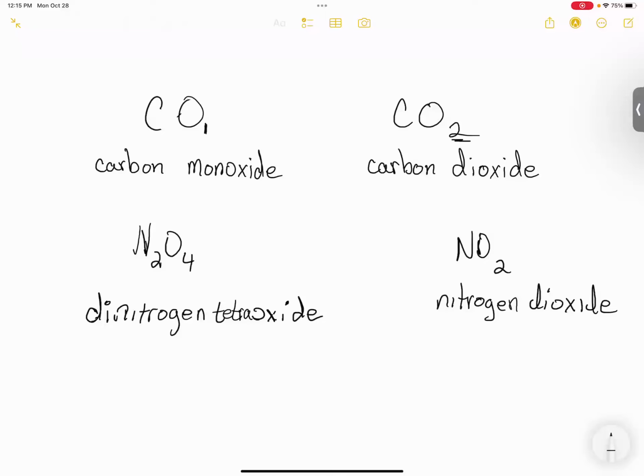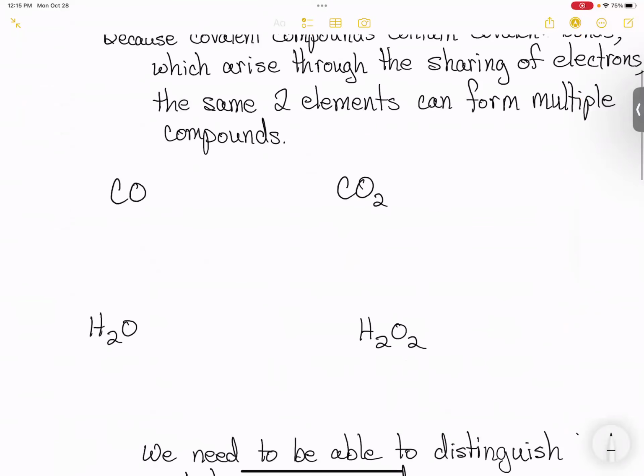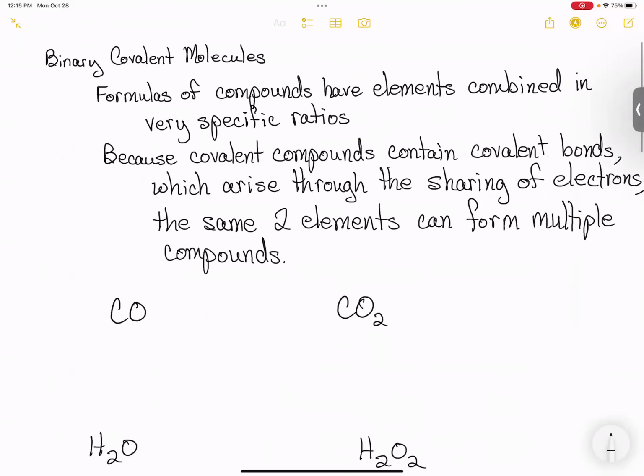But we took that idea that elements can combine in multiple ways, and we extended that to our binary covalent molecules. Again, just like alkanes, the same 2 elements can combine in more than 1 ratio.